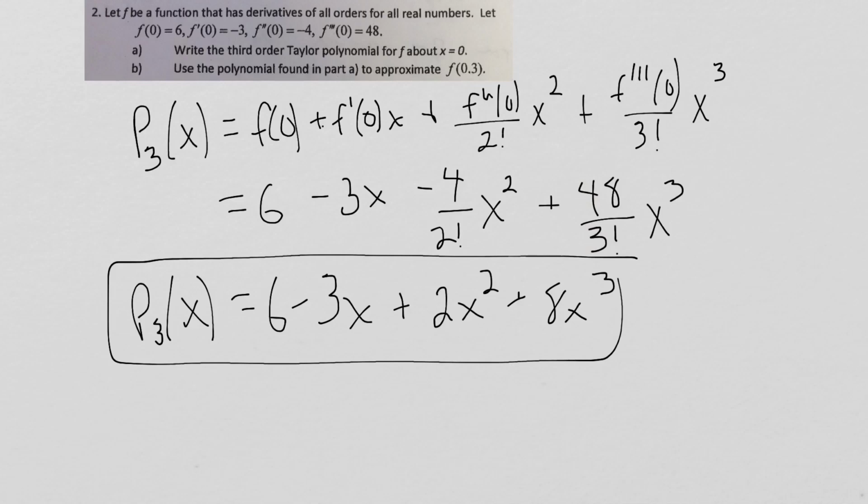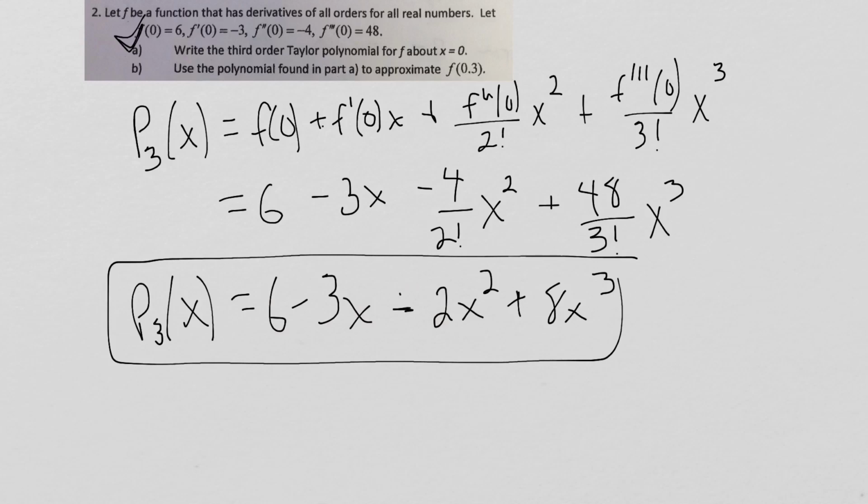So I get 6 minus 3x. Ooh, pause. What did I do wrong there? That should be a minus 2x squared plus that 8x cubed. So that's the answer for part A.